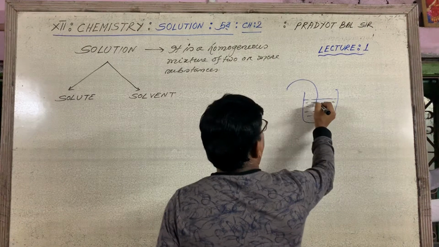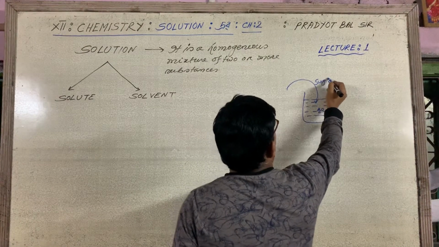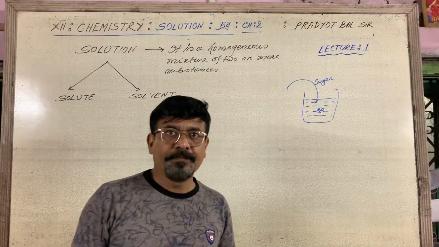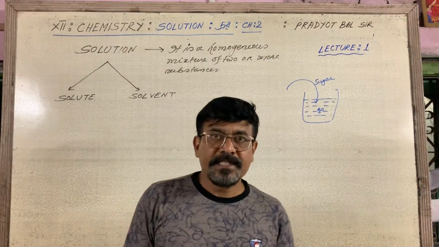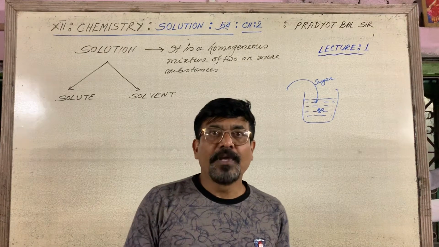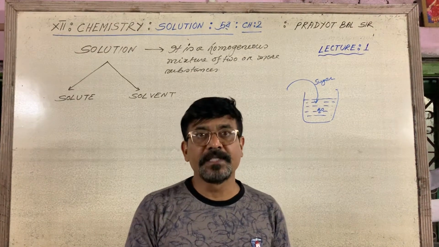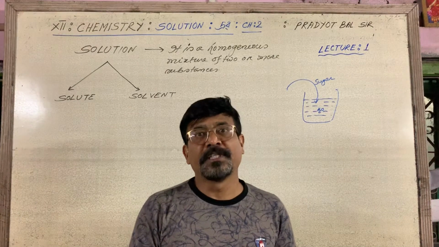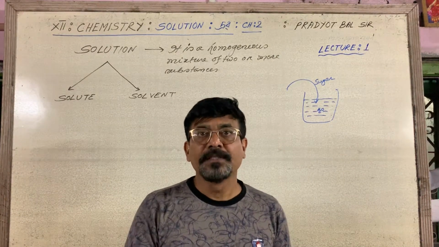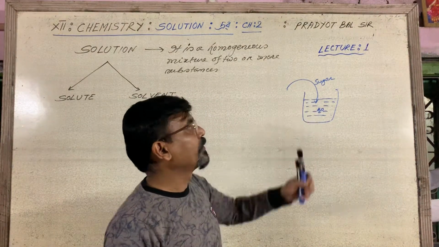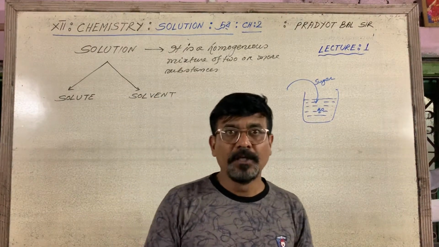Now you have added sugar there and stir it. After stirring nicely, you cannot see the sugar particles there. So that is a homogeneous mixture where the particles cannot be separated, and that will be called a solution. In this case, it will be known as sugar solution.